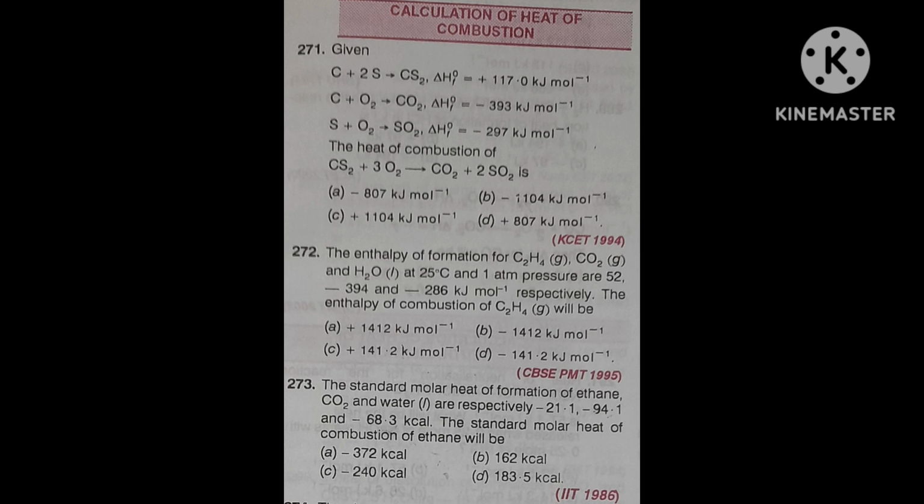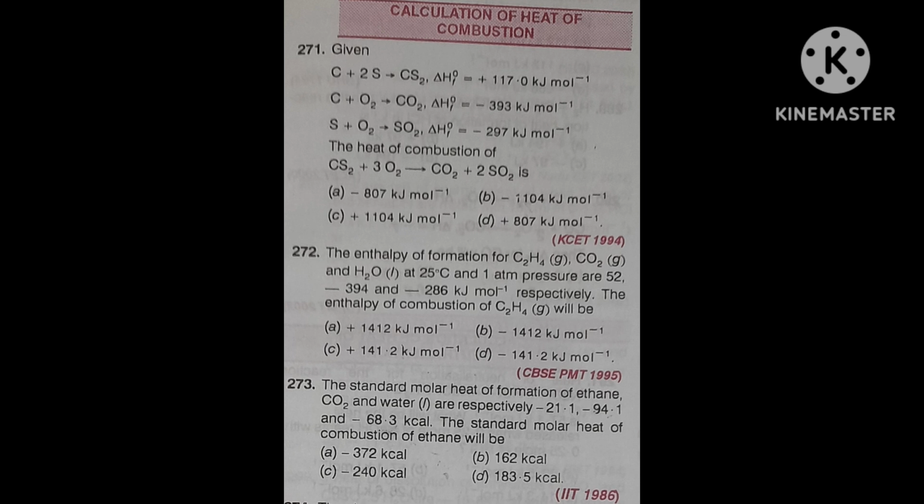Second, C plus O2 gives CO2, standard delta HF is minus 393 kilojoule per mole. Third, S plus O2 gives SO2, standard delta HF is minus 297 kilojoule per mole.